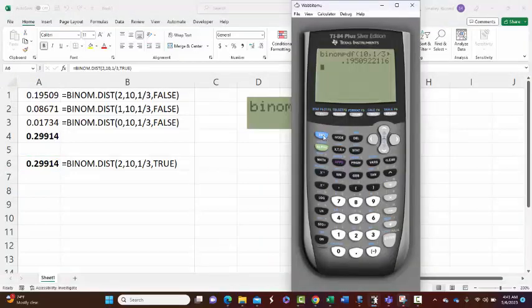Now let me show you over here the calculator. If I go second vars, I'm not going to do the 0, the all 2, 2, 1, 0, all that for this one. I'm just going to show you the CDF. Okay, 10 trials. P is 1/3. And it's 2.